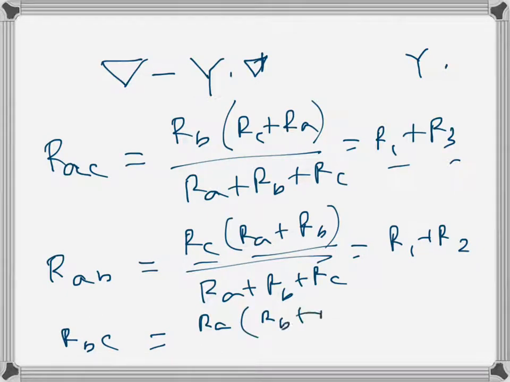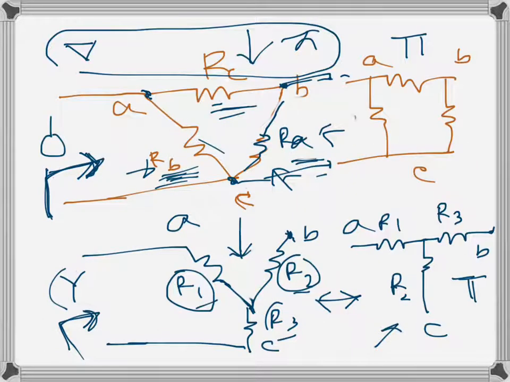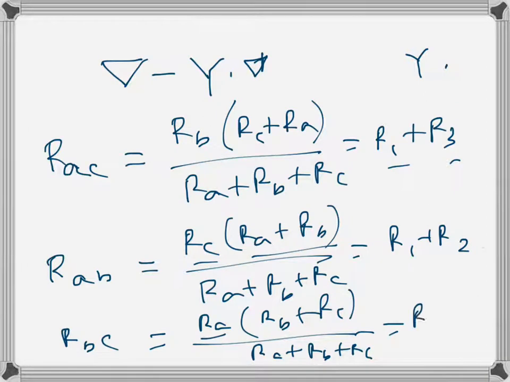We can see there is a symmetry, so that helps. RA parallel with RB and RC in series, that is in delta, and in Y it will be of course R2 plus R3, because seeing from here, RBC is R2 plus R3.